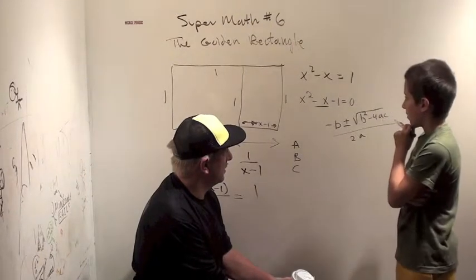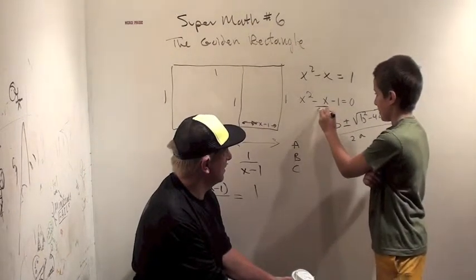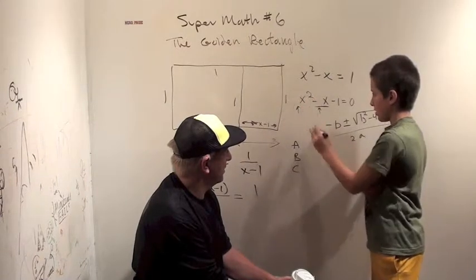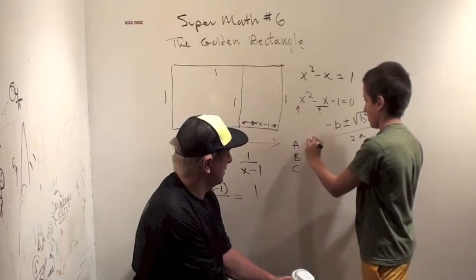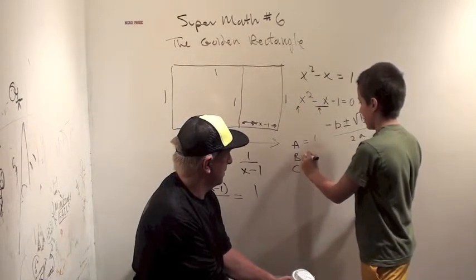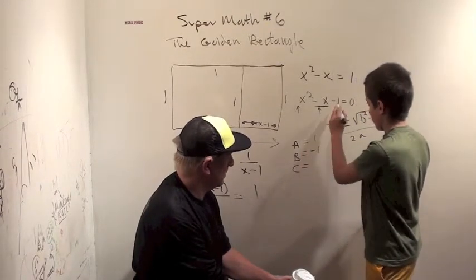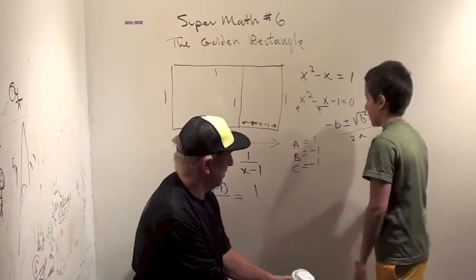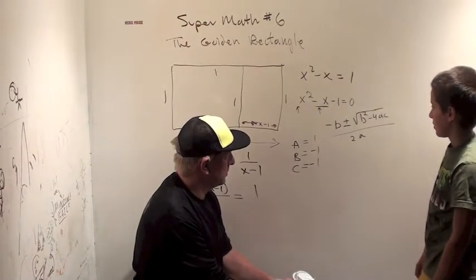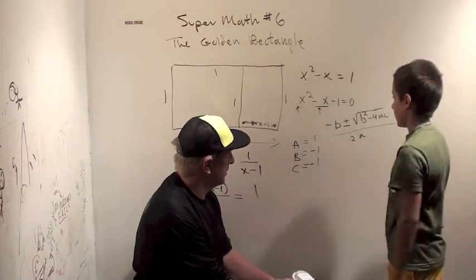Well, they're the coefficients in front of these. So a is 1, b is minus 1, and c is minus 1. So let's plug these in.